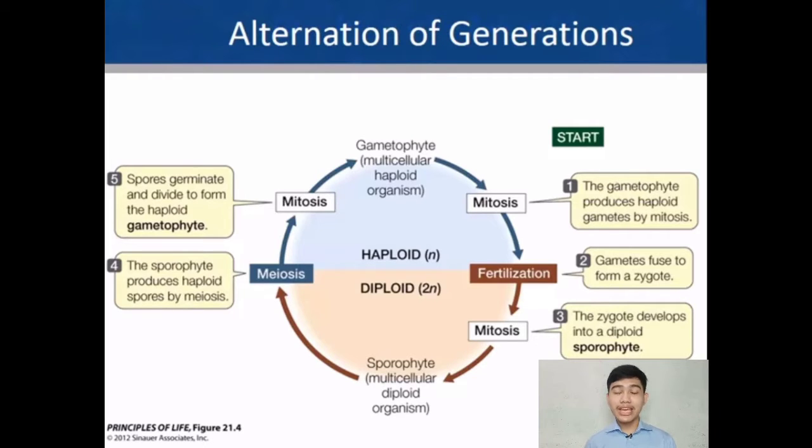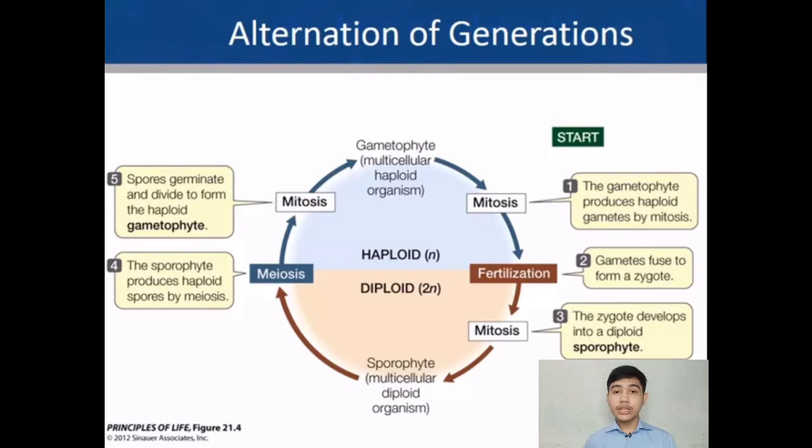A zygote is a single diploid cell. Unable to function as a multicellular organism yet, it will undergo mitosis that creates tissues. Those tissues will be transformed into organs, then organ systems, until it creates an individual multicellular diploid organism.